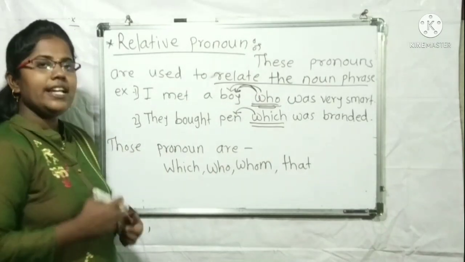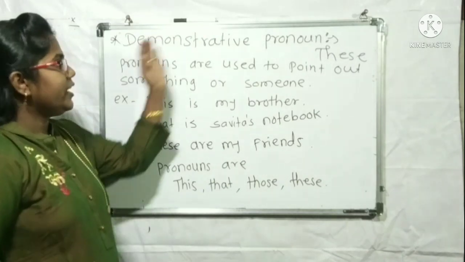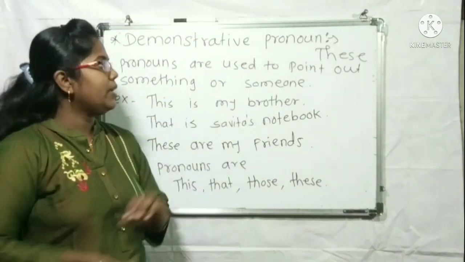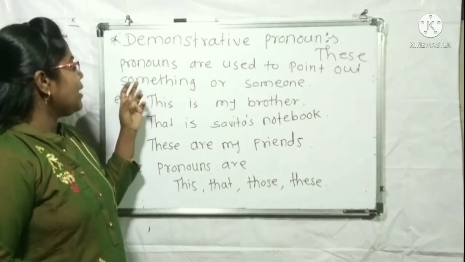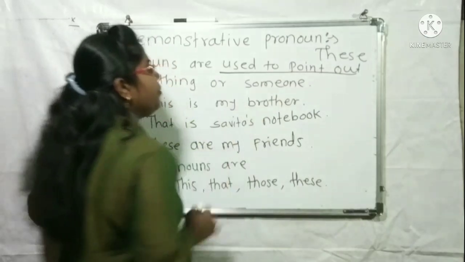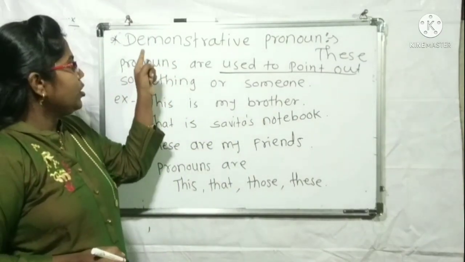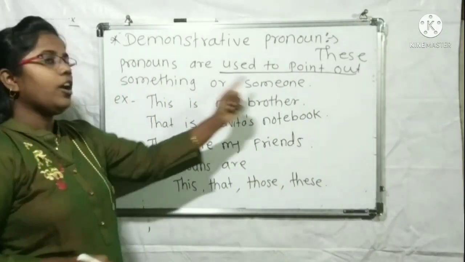Now the next type of pronoun is the demonstrative pronoun. The definition of the demonstrative pronoun is: these pronouns are used to point out something or someone. Here, remember very well, used to point out. We use those pronouns to point out something or someone.